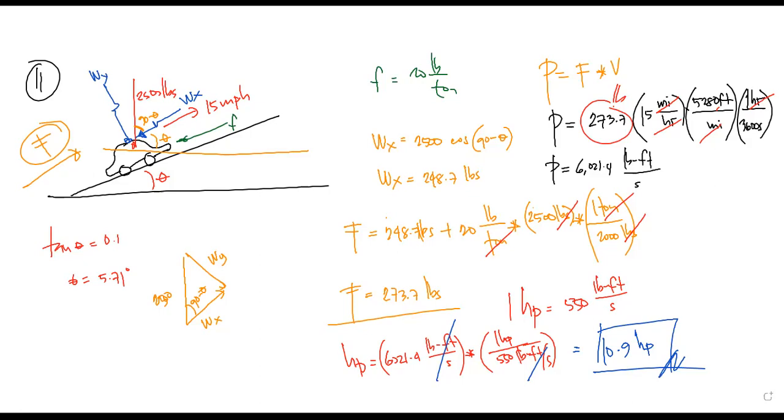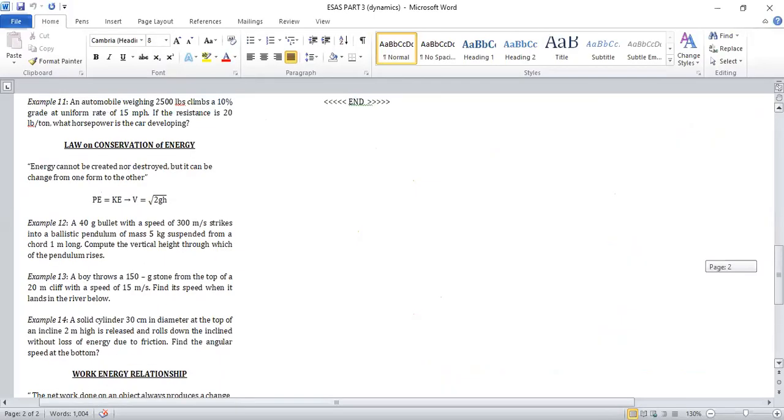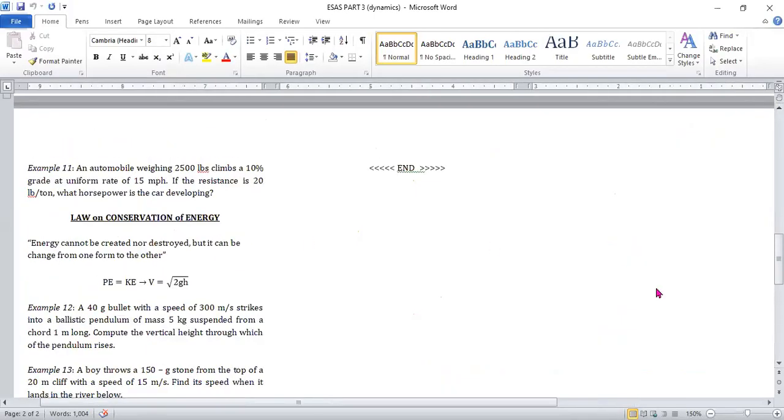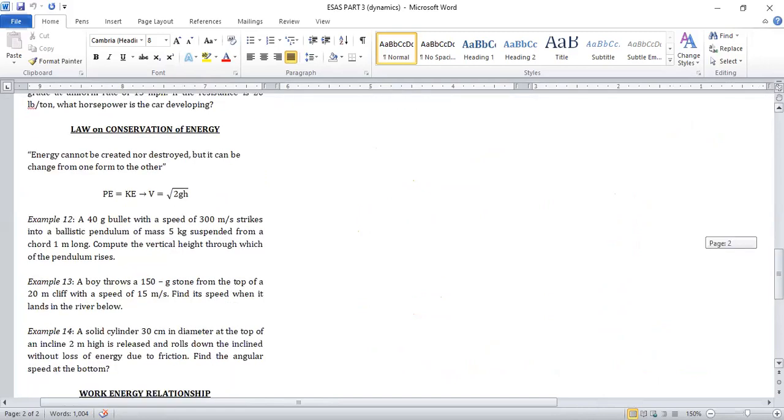And after which, okay, so after which we proceed no to the next topic, no? So which is the law of conservation of energy.